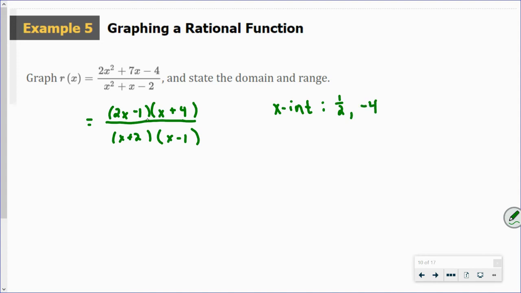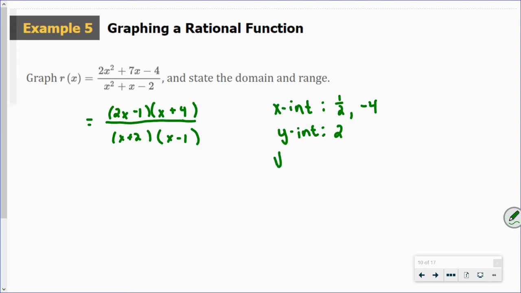That's the top being 0. Your y-intercept is plugging 0 in for x. If I plug in 0, this goes away, this goes away, this goes away, and this goes away. So you have negative 4 divided by negative 2, which is 2. So you have your x-intercepts and your y-intercept.